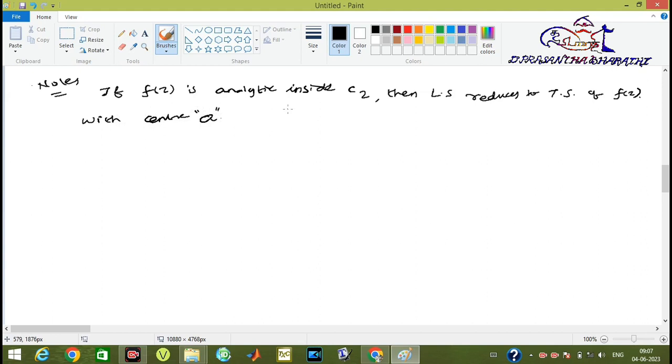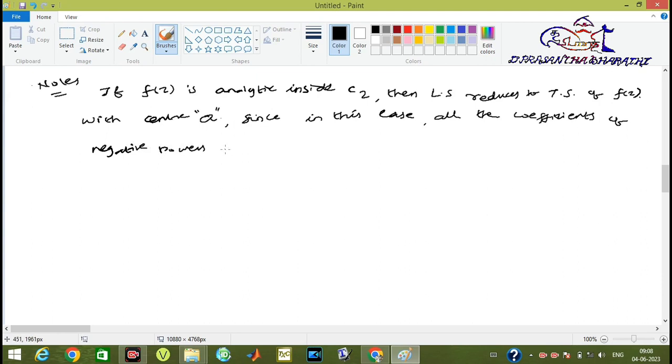Since in this case all the coefficients of negative powers in the Laurent series are zeros.